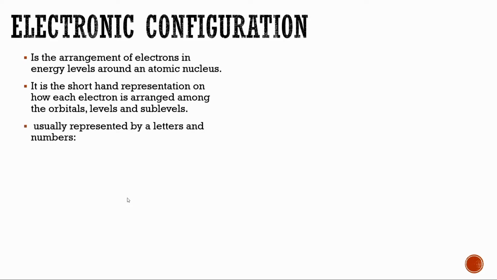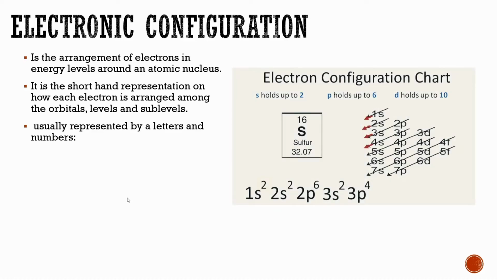Okay? Electronic configuration is usually represented by letters and numbers. So ganito po ang itsura ng isang electronic configuration chart. Okay? So we have here an example na sulfur which has a 16 atomic number.